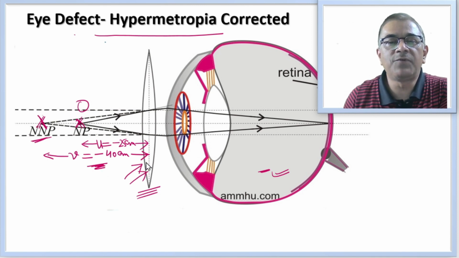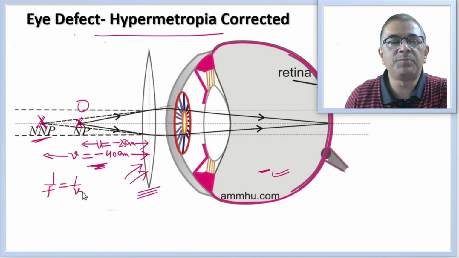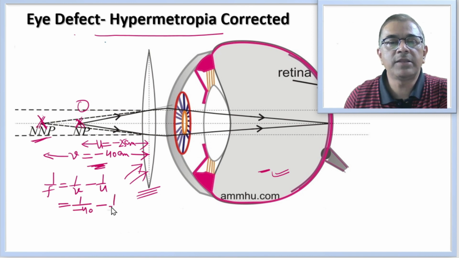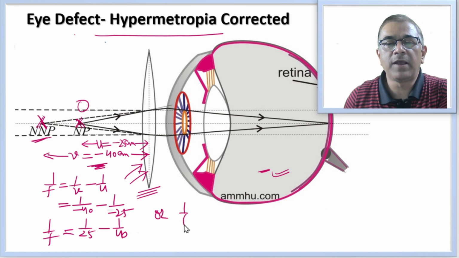Now let's try to calculate the focal length of this corrective lens. The focal length can be calculated using the lens formula. So this is equal to 1 by minus 40 minus 1 by minus 25. That makes it 1 by 25 minus 1 by 40, or 1 by F equals, taking 200 as LCM, 8 minus 5.